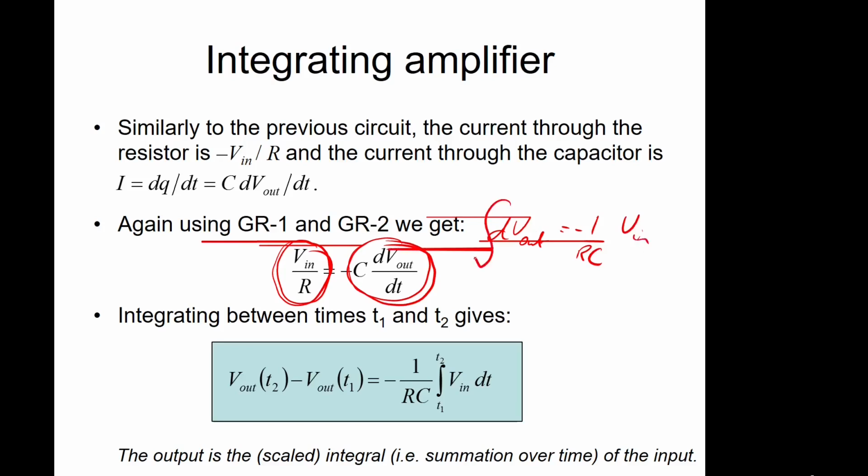So what we need to do is integrate both these sides. When we find the integral, we will get this equation here. So our output voltage is summing up the input voltage over time and again scaling it by a function of our resistor and capacitor values.